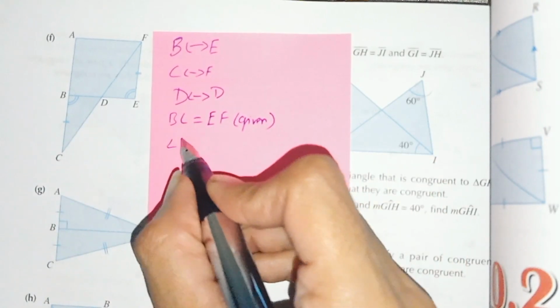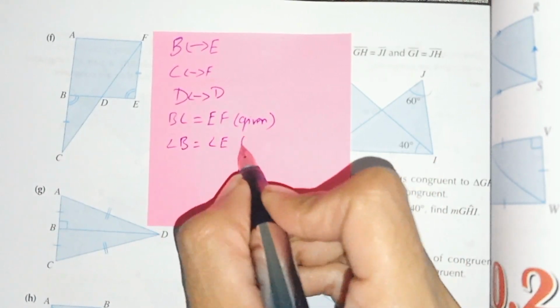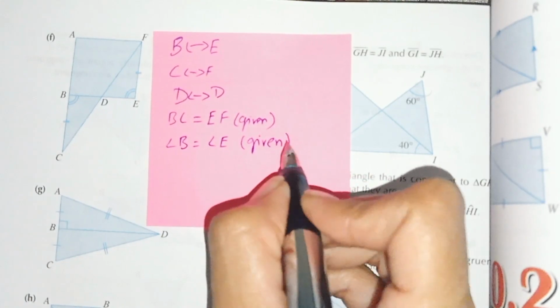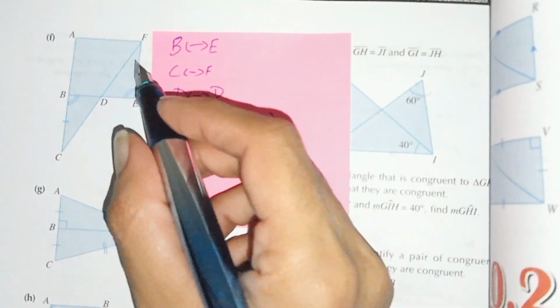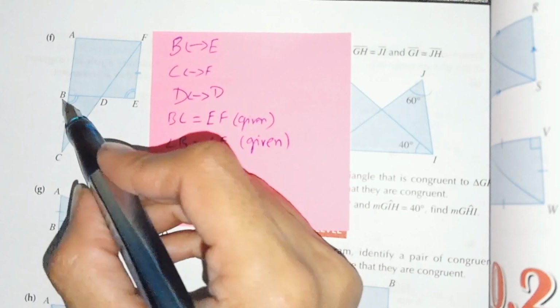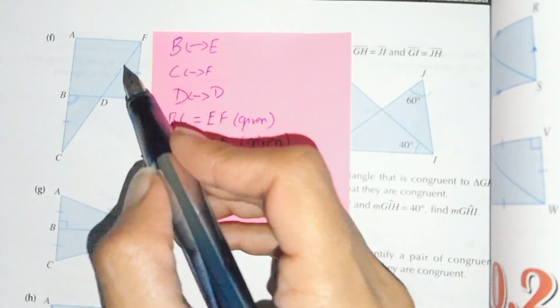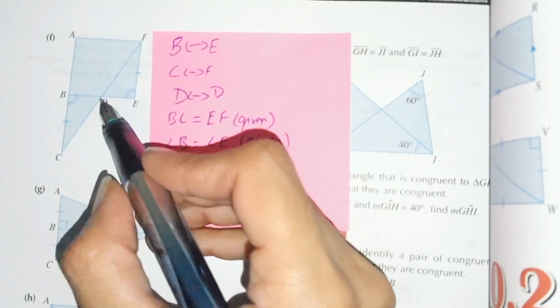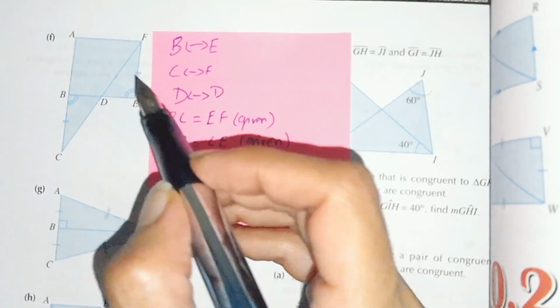Angle B is equal to angle E. This is also given to us. Now you can see angle BDC and angle FDE are equivalent to each other because these are vertical opposite angles.